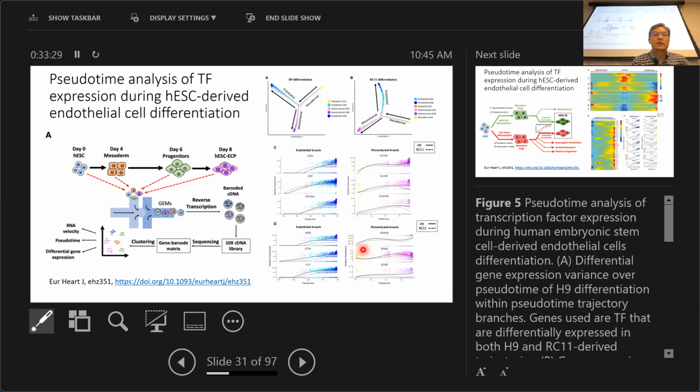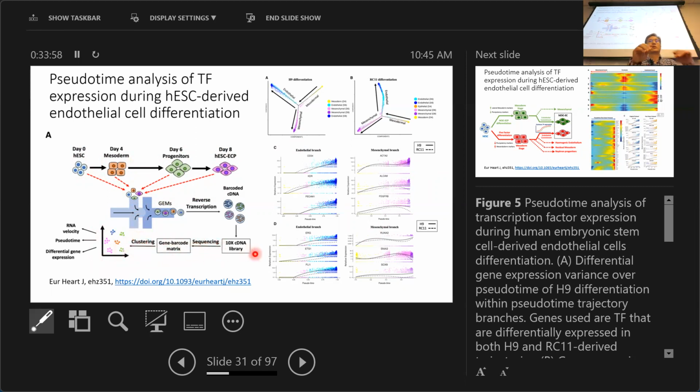So this is an example for embryonic stem cells from human. You have collected the cells at time 0, time 4, 6, on different dates, and then you put those cells as a group and found their clusters.